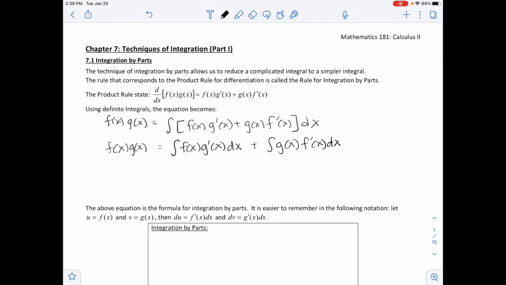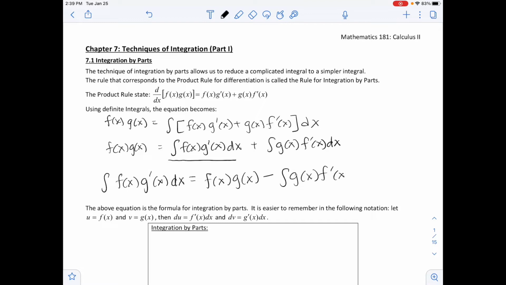Rearranging our terms and isolating the integral of f(x)g'(x) dx, we have f(x)g(x) minus the integral of g(x)f'(x) dx.